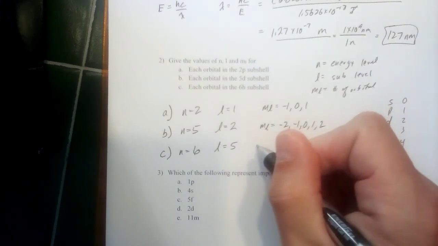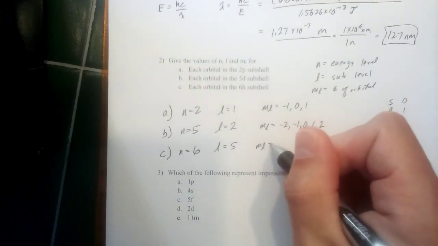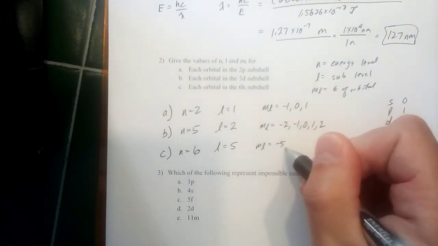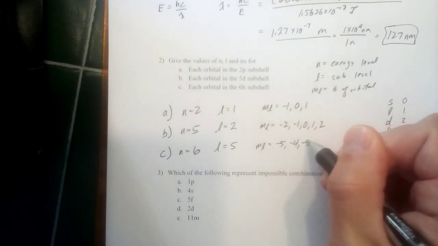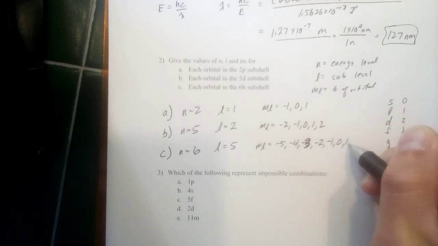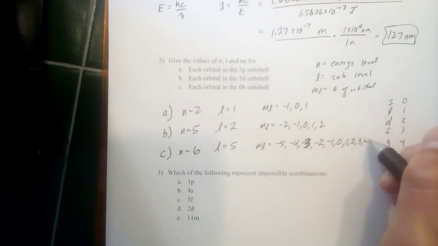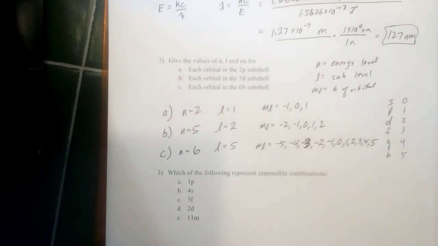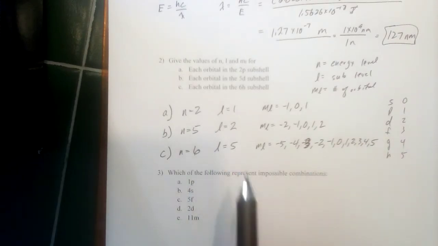Now, if L equals 5, that means there should be 11 values here for M sub L. They would go from -5 all the way up to 0, and then continue on up to +5, just the integer values. So 11 orbitals would exist if we got to a place where we had an H sublevel.